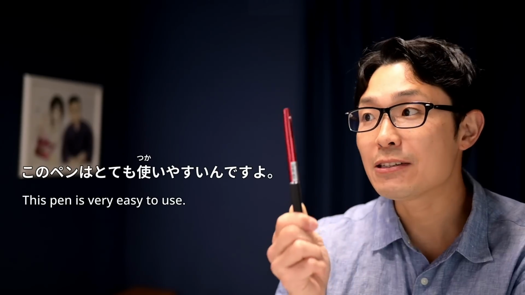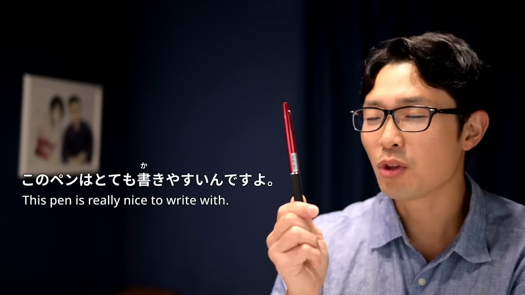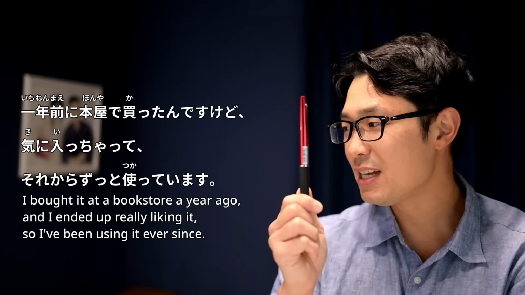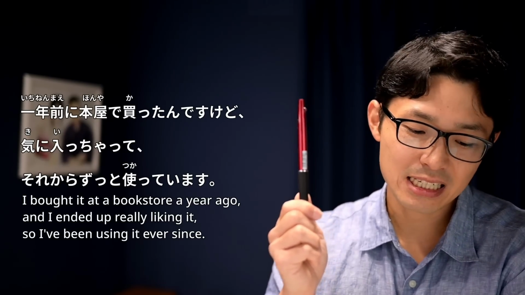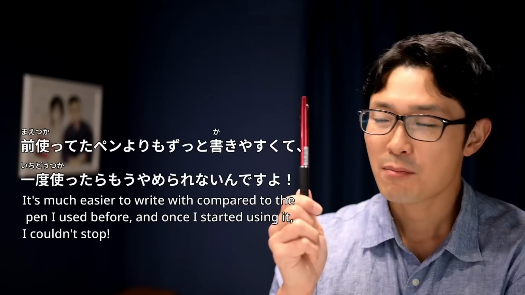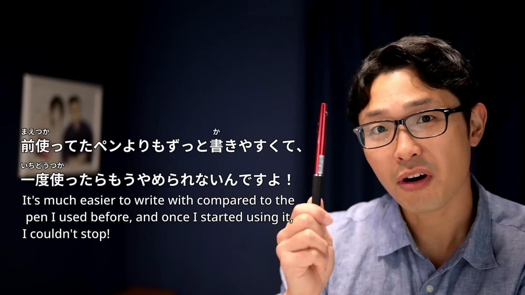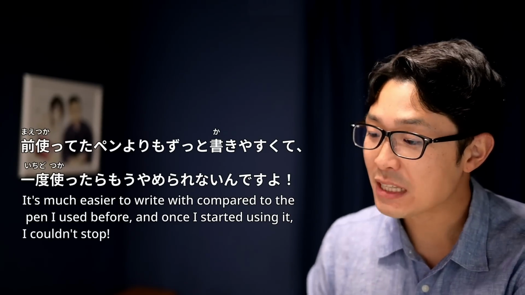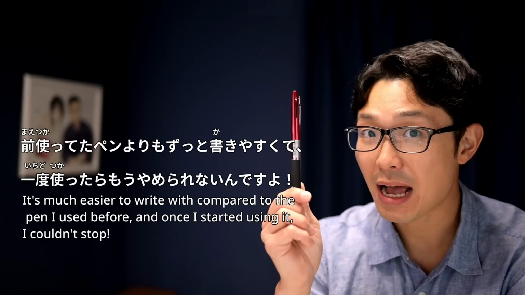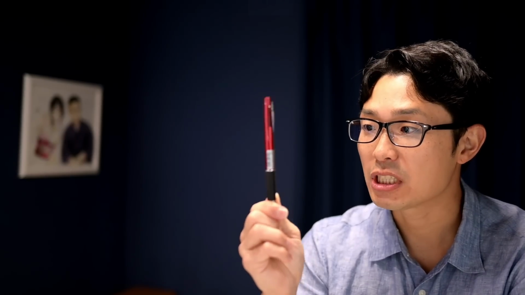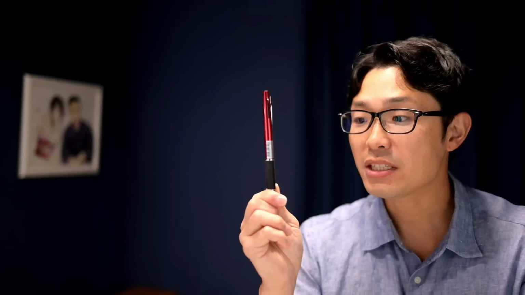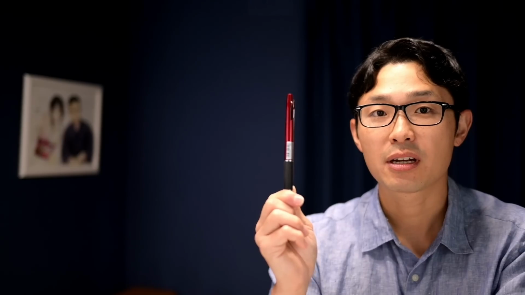So I don't even need to mention this pen again. このペンはとても書きやすいんですよ。1年前に本屋で買ったんですけど、気に入っちゃって、それからずっと使ってます。前使ってたペンよりもずっと書きやすくて、一度使ったらもうやめられないんですよ。Okay, in the first sentence, once I mentioned this pen, このペンは, then I didn't mention this pen again because once you set something as the topic, unless you change the focus, we all assume that we are talking about the topic. So you don't need to mention it again and again.